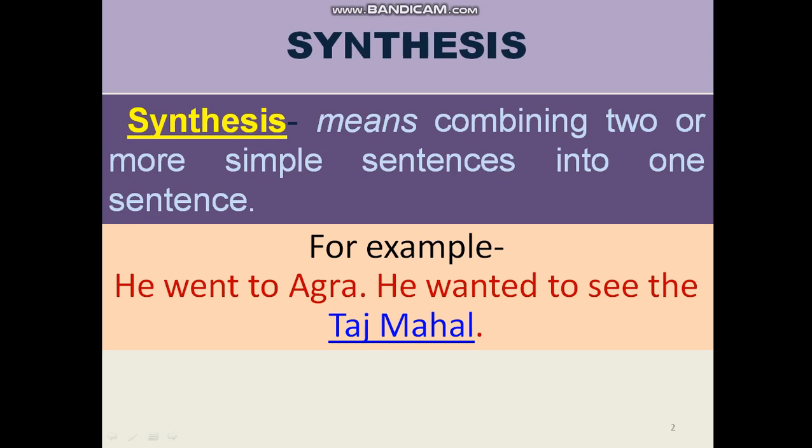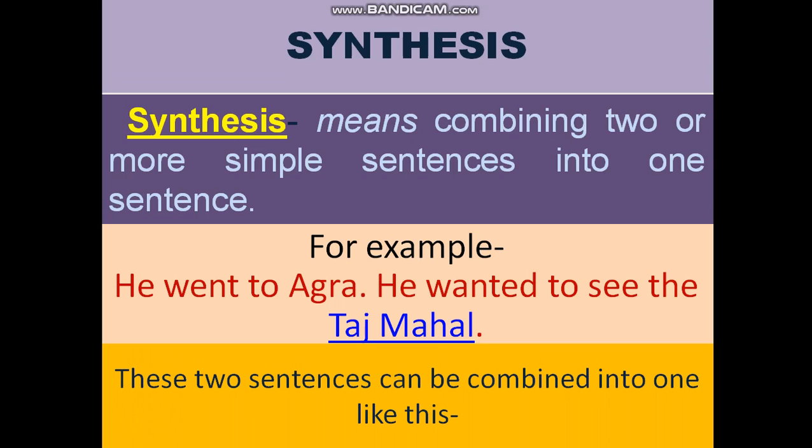Now, in synthesis, we combine sentences into one. So, how can we do this? These two sentences can be combined into one like this. We can write he went to Agra to see the Taj Mahal.